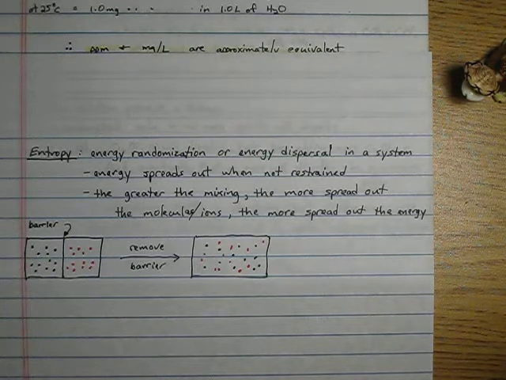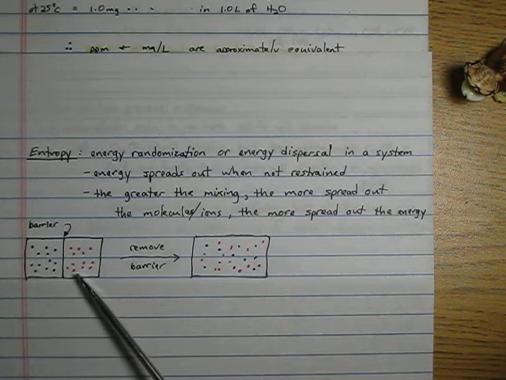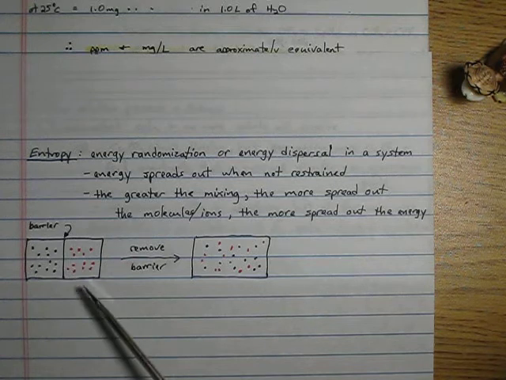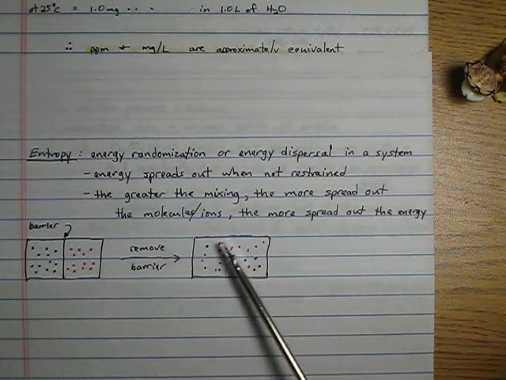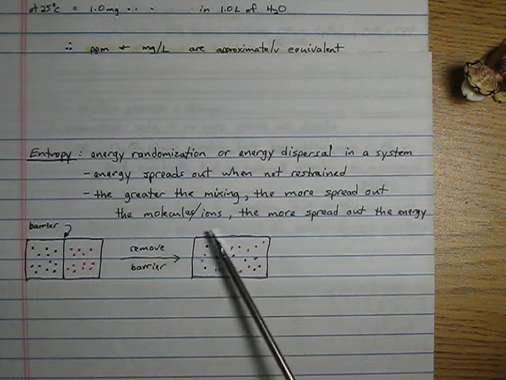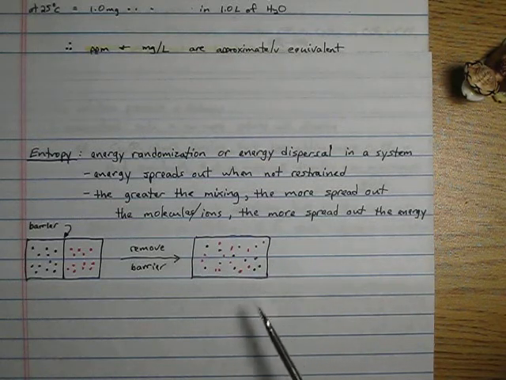For example, if you have two gases, this gas with the black dots here with the red dots here, and they're separated by a barrier, if you were to remove this barrier, those two gases will mix randomly with each other. And that's due to entropy. Having them more random, having the molecules spread out and mixed more evenly is going to be the way nature wants it to be.